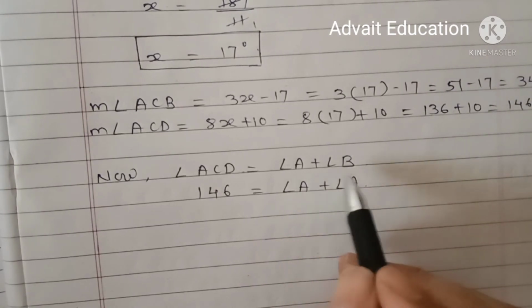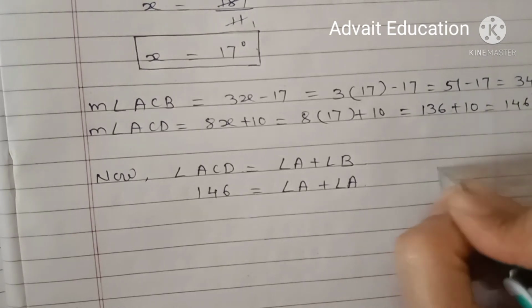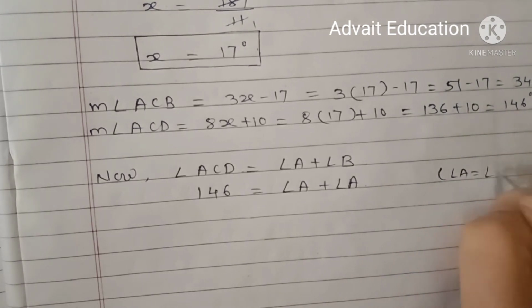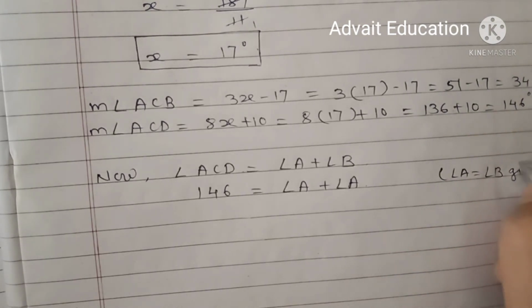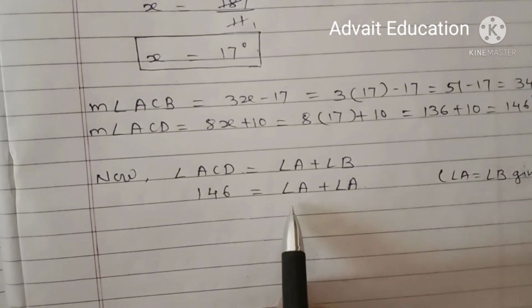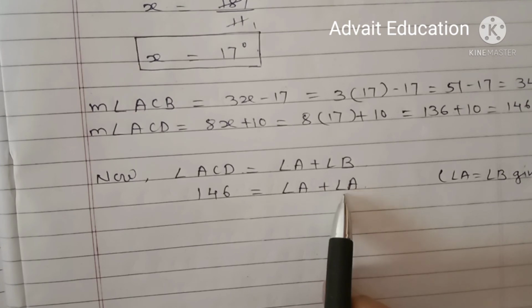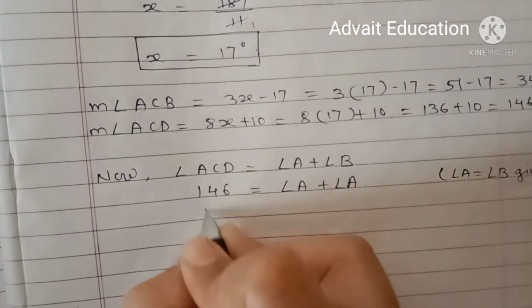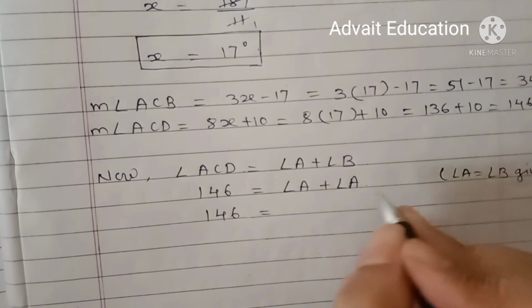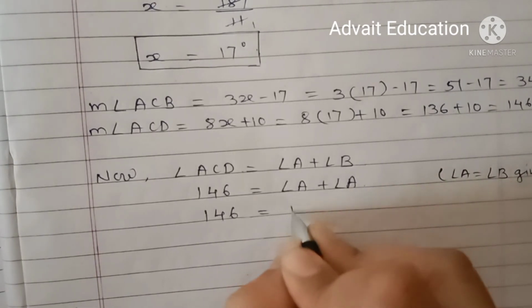Because angle A and B are equal. This is given. Angle A is equal to angle B. That's why for angle B I have again written angle A. 146 is equal to A plus A, 2A.